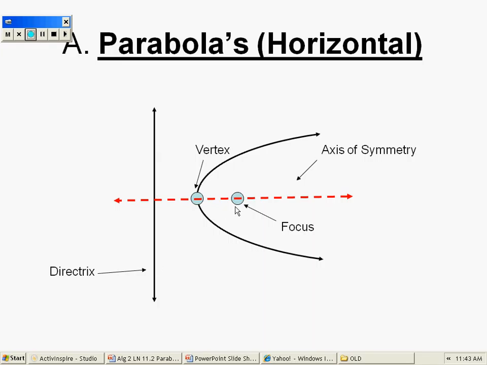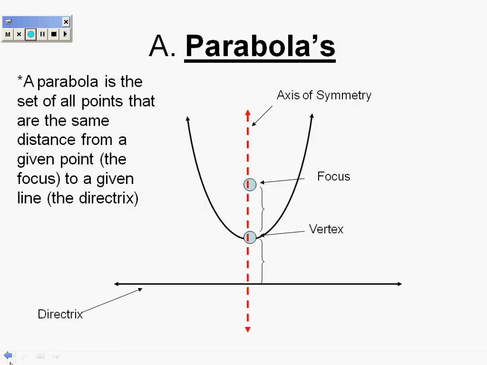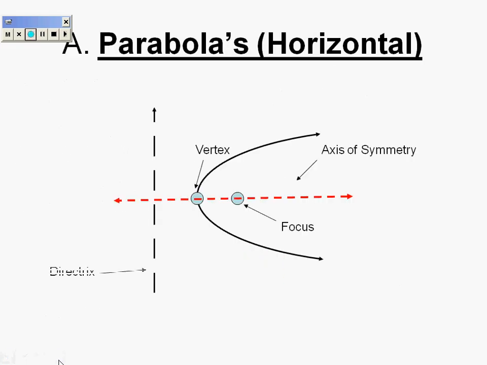That's true whether it is horizontal or vertical. The vertex is always lying directly between the focus and the directrix. The reason I'm emphasizing that point is because we're going to use that fact to do the next few problems.